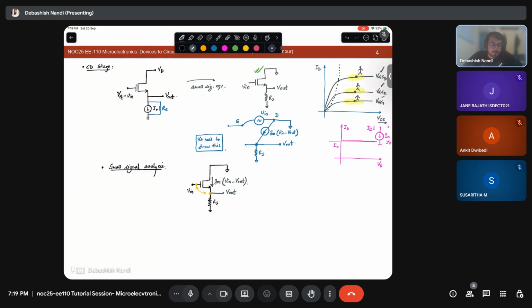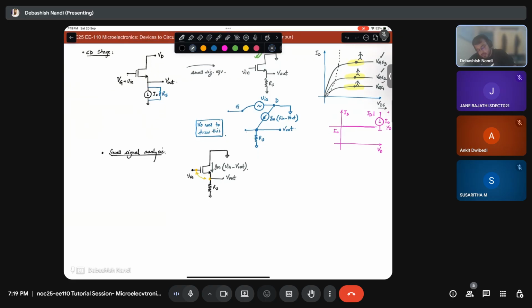Okay, I'll come to that sometime. So if you draw this much, can you tell me what is your V out by looking at this circuit? This is the current flowing through the transistor, right?